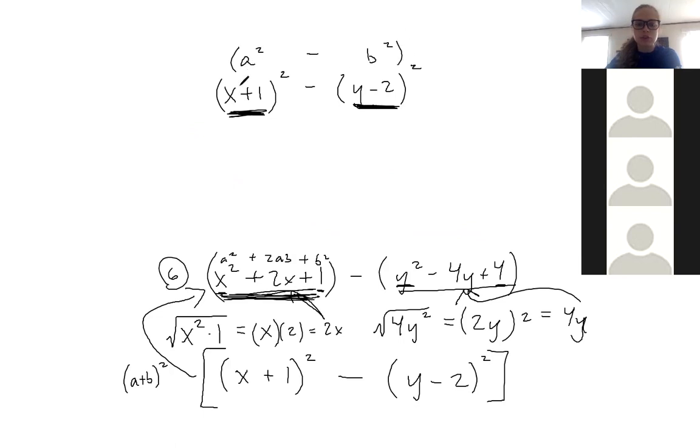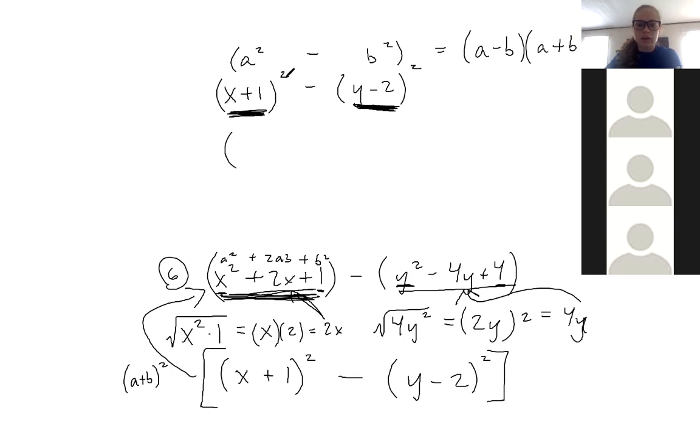My a value is represented as x plus 1. My b value is represented as y minus 2. So therefore, if I have the difference of two perfect squares, I can factor that into a minus b times a plus b. So here we go.